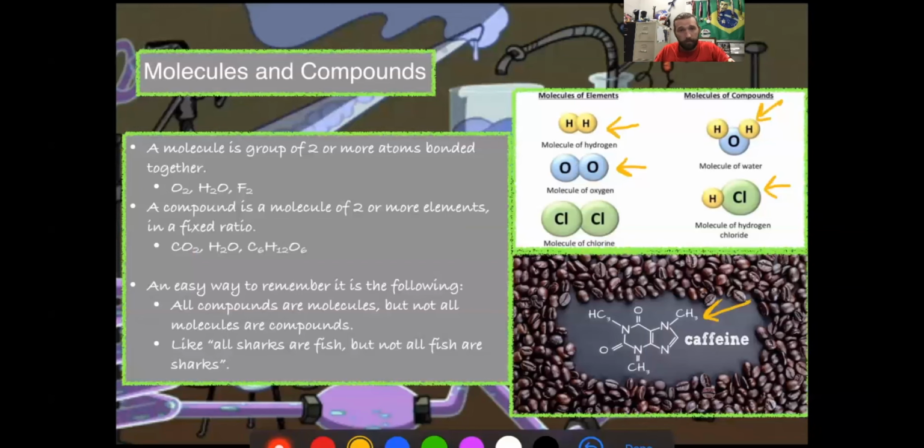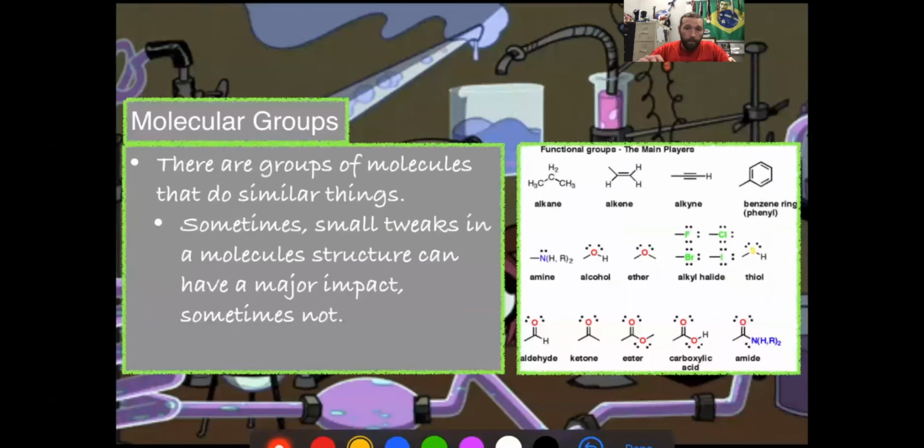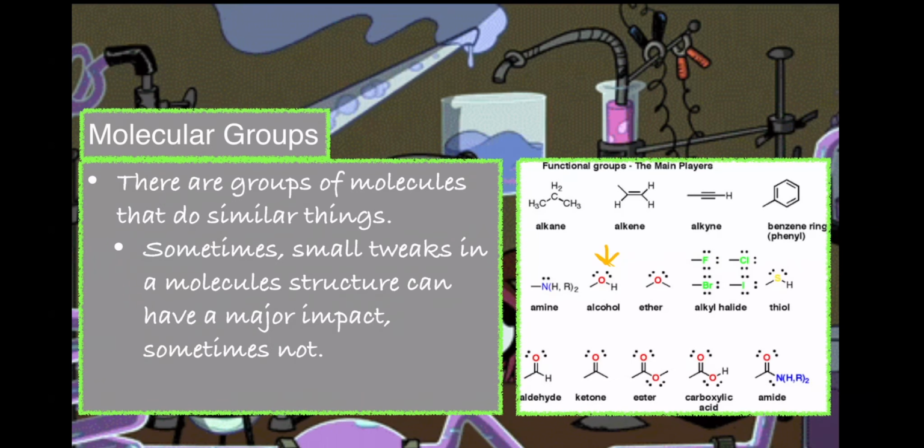So anyways, moving on. Now, once you get into molecules, there are different molecular groups. And in chemistry, especially when you get into chemistry in college, you start learning about the different molecular groups. For example, things like alcohol. All alcohols have an OH at the end of it, and generally it's a chain of carbons and hydrogens.